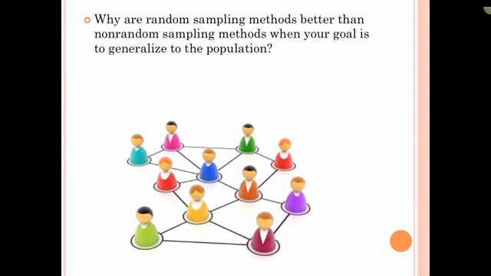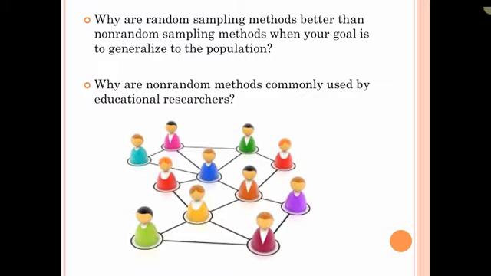All right, so the main takeaway I want you to have from this discussion of sampling techniques is that random sampling methods are better than non-random sampling methods when your goal is to generalize to the population. Essentially, you want to reduce your chance of sampling error, and that happens when you use random techniques, and it really ensures representativeness of the population. However, oftentimes in educational research, it's just not possible to randomly sample. So maybe you want to do a study and you want to make conclusions about all college students, but you know what?